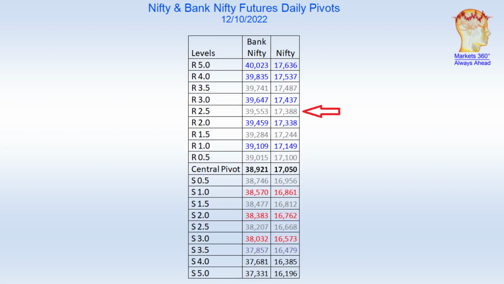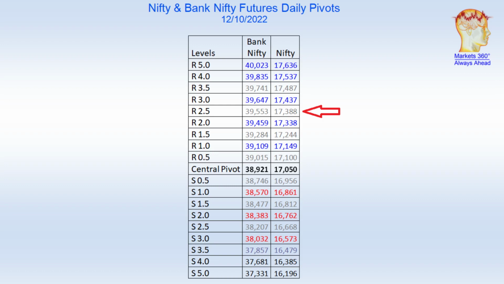There is also the facility to make weekly pivots. And wherever there is a confluence, confluence is convergence of levels. For example, I'm showing you the daily chart, which is showing resistance at 2.5 level at 17,386.